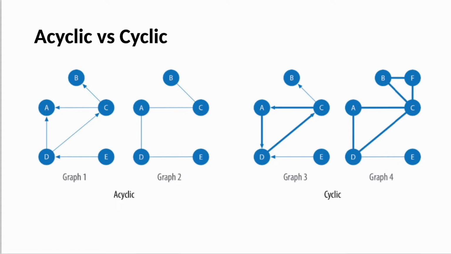Note that in acyclic graphs, it's impossible to start and end on the same node without retracing our steps. Directed acyclic graphs naturally arise in problems with scheduling, genealogy, and version histories.